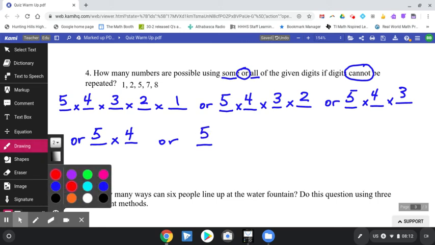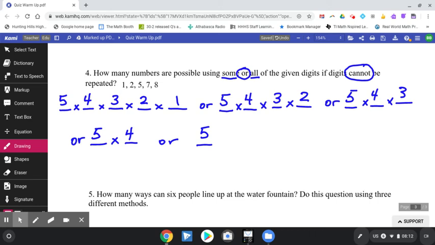So a little bit of calculator work here. I find that this first one is 120. Or means add. This one also 120. Add again. This one would be 60, 20, and 5.